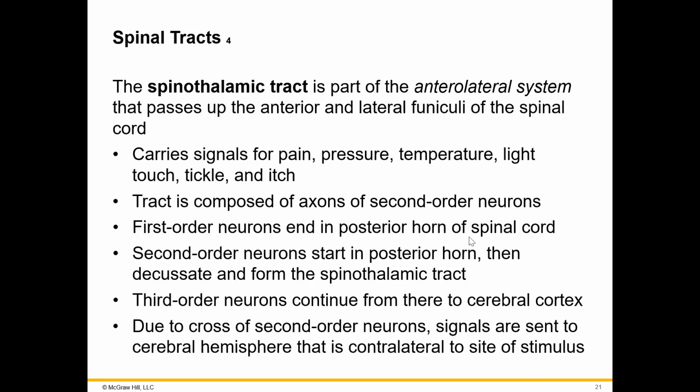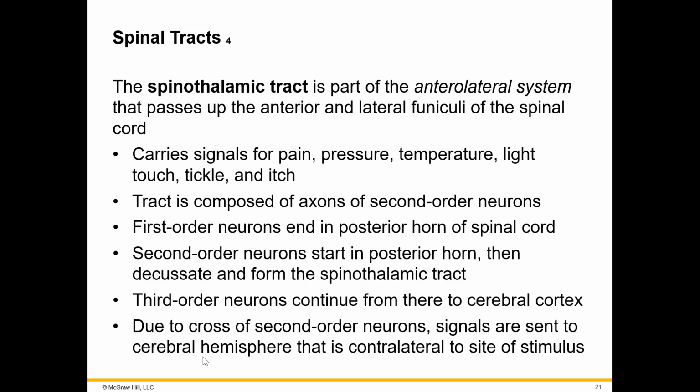The second order neurons start in the posterior horn, then they decussate and form the spinothalamic tract. There are third order neurons. These third order neurons continue from there to the cerebral cortex.